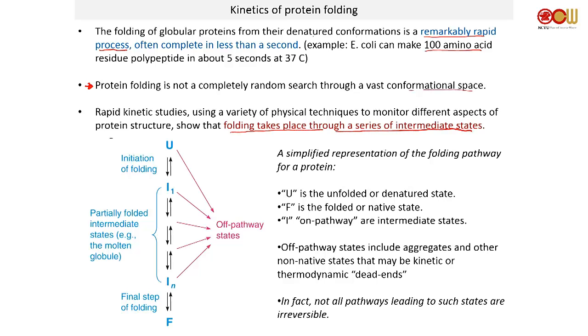Essentially what this is saying is after the protein goes from unfolded state to an intermediate state, let's say you have a lot of different states on top. After you chose this particular route, you don't go back up. You don't just go back to the random states.